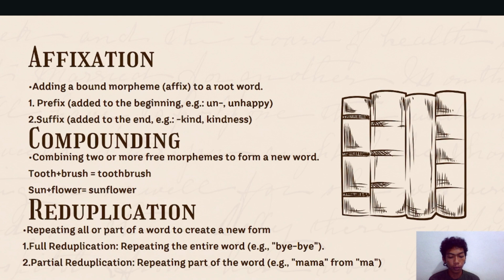It's when you repeat a word or part of it to create a new form. For example, full reduplication is repeating the entire word, like when you say bye and repeat it, it becomes bye bye. And partial reduplication is repeating part of the word, like when you say mother, you just say ma and repeat it, it becomes mama and it has the same meaning as mother.